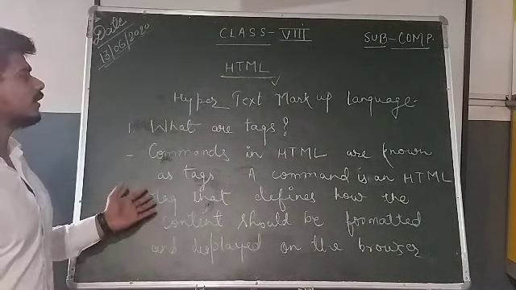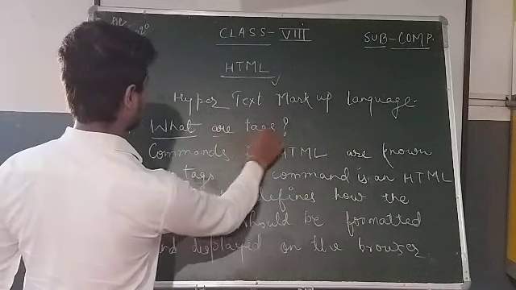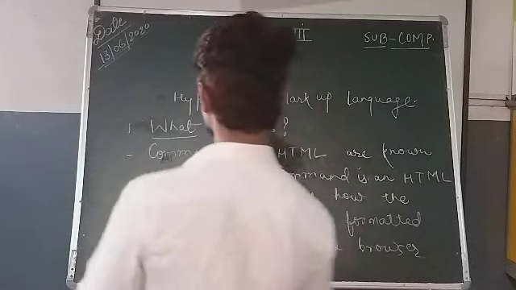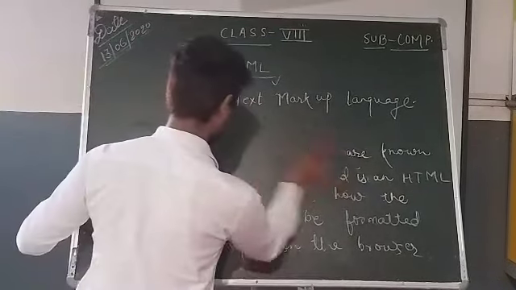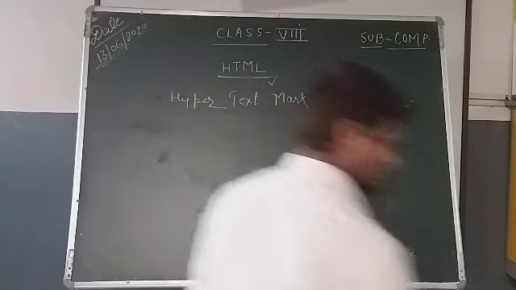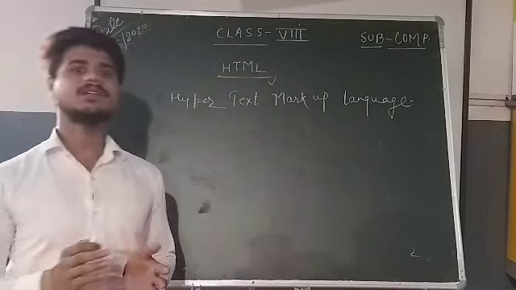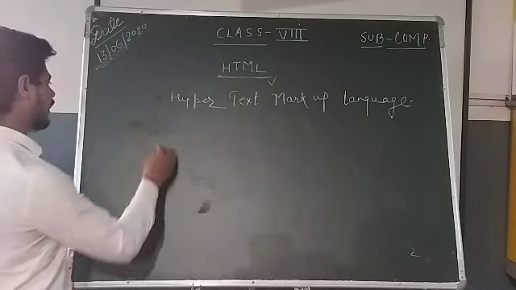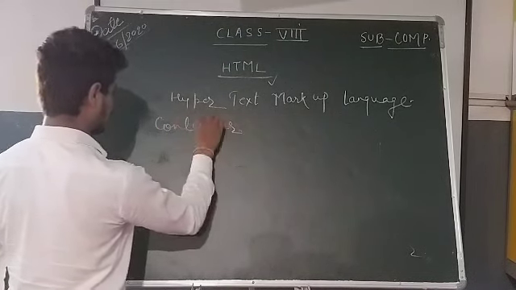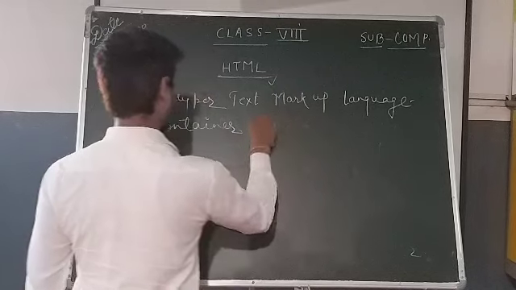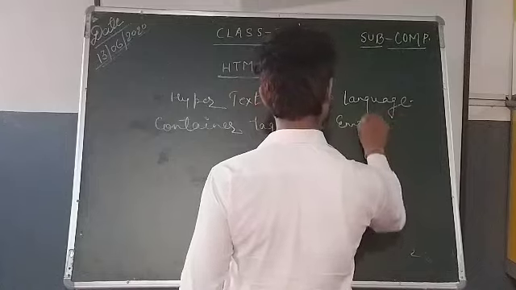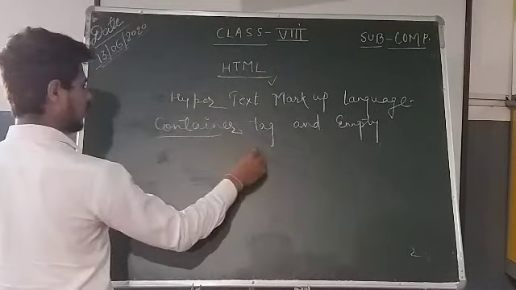Now we will learn how many types of tags there are. Basically there are two types of tags, and these are container tag and empty tag. Now we will learn about each of them in detail.